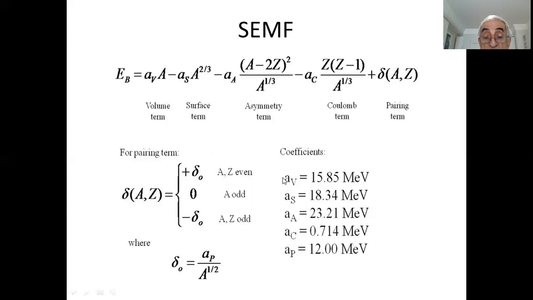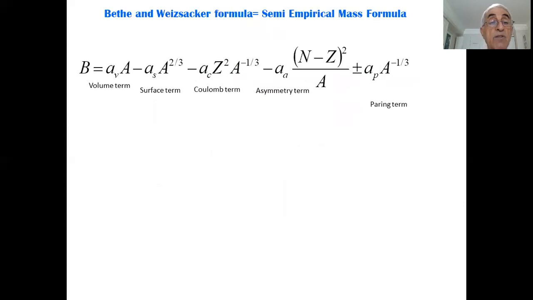And these are the values of the coefficients given here numerically in mega electron volts for the semi-empirical mass formula. So the semi-empirical mass formula is sometimes called the Bethe and Weizsacker formula. It has, as I said, 5 terms: volume term, surface term, Coulomb term, asymmetry term, and pairing term.